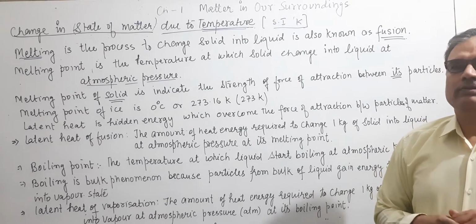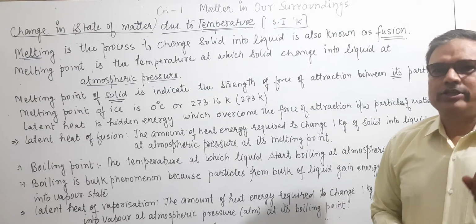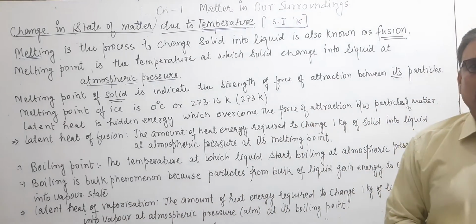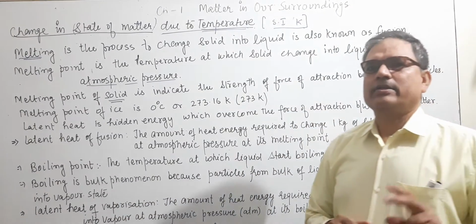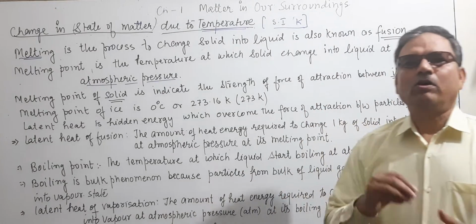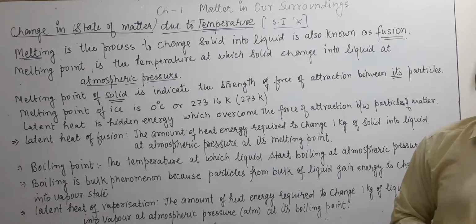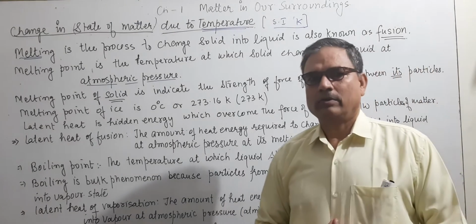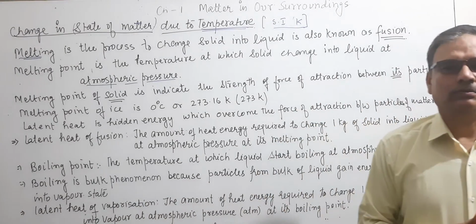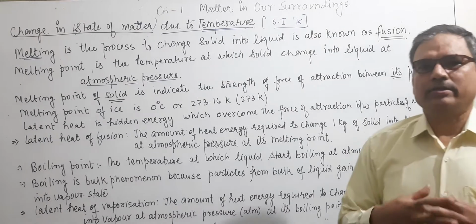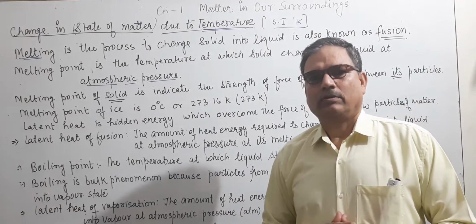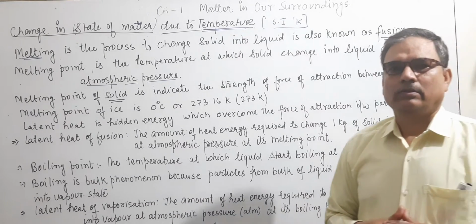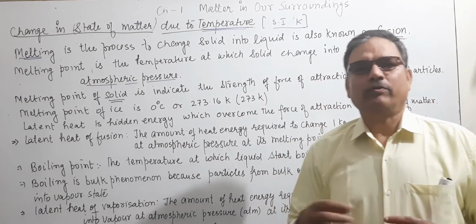We know very well the first state is solid. We will take the example of water, which exists in all three states. The solid state of water, I think you know it very well. Can you answer me? That is ice. The second state of water is liquid.